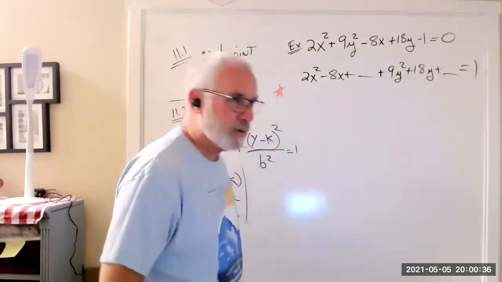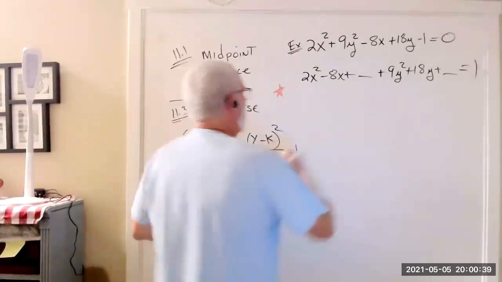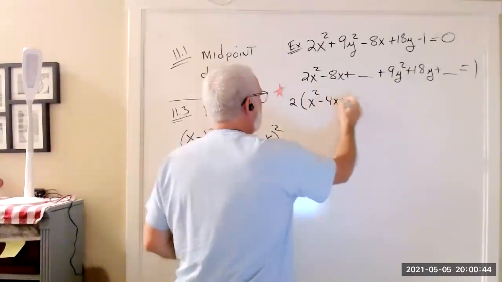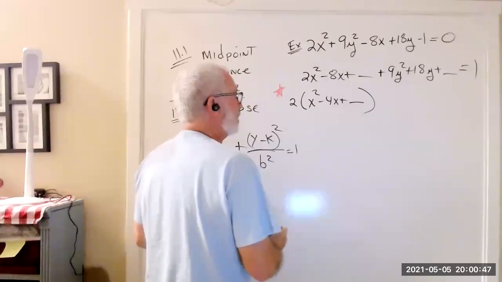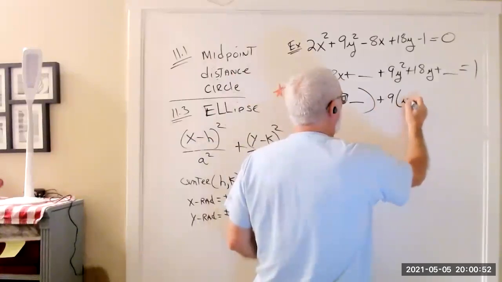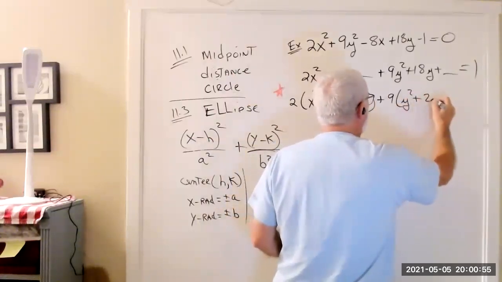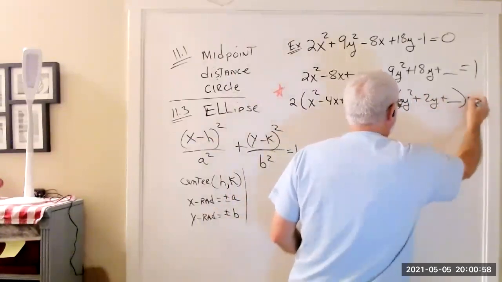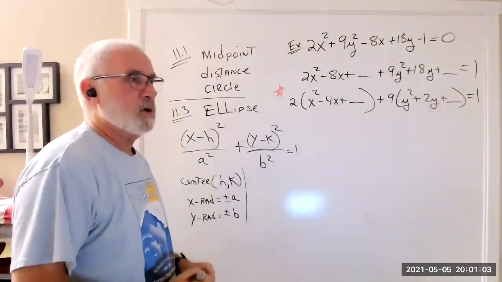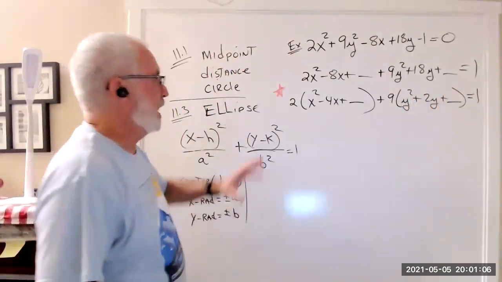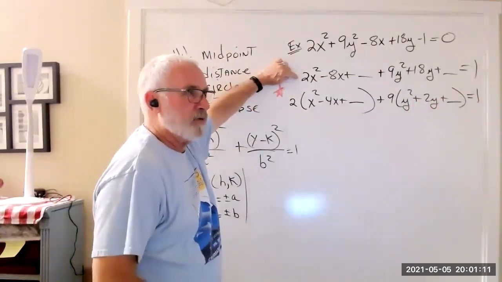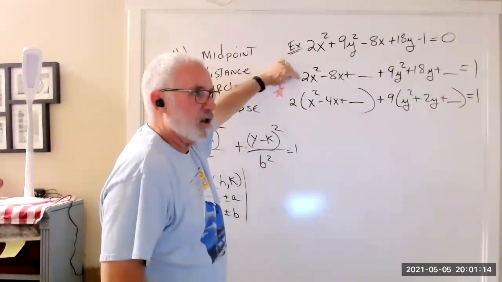So how do we get around that? Okay, we factor. Take out a 2. x squared minus 4x plus blank. Okay, plus factor out a 9. 9 quantity y squared plus 2y plus blank equals 1. Okay, somehow in your notes, I don't know how, but you can't complete the square if the coefficient isn't a 1.